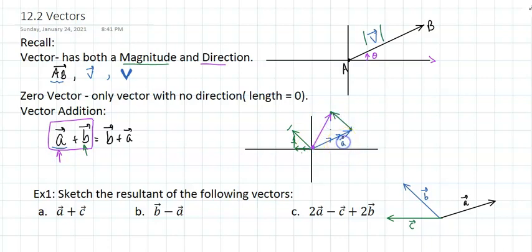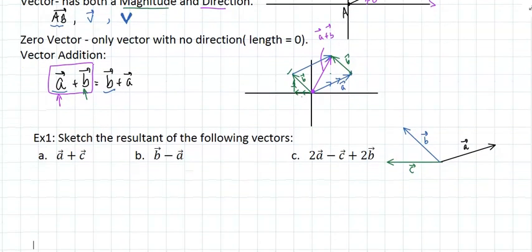If this is vector A and this happened to be vector B, then A plus B is right there. And of course you could have said, well, wait a minute, why don't you go to B first, and from the tip of B run A, and guess what happens? You end up creating a parallelogram. And it doesn't matter which one you use first, the resultant is the same regardless.